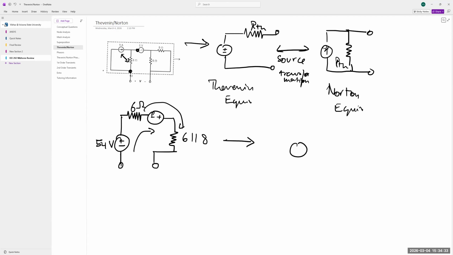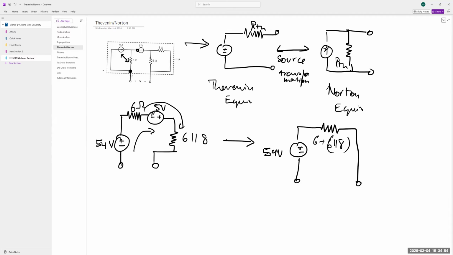So we can simplify it into this. This is your Thevenin equivalent. You have 59 volts here. You have 6 plus 6 parallel 8.